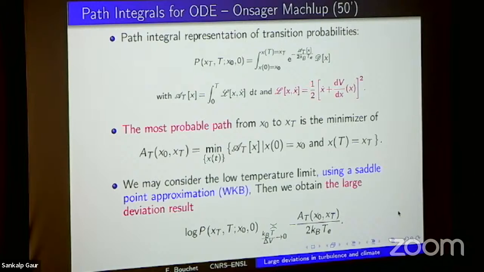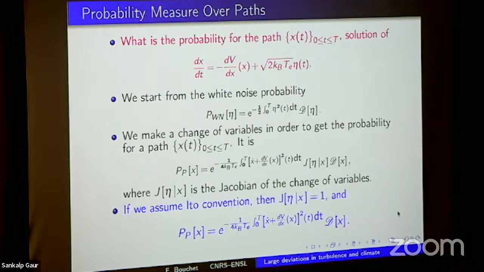We are writing the action for this stochastic process. And if we see where it comes from, everything comes from the noise statistics. If I had used another type of noise, it would have been different. So you should really figure out what the noise statistics is. And for other problems later on today, I will show you how we can compute such Hamiltonians and Lagrangians directly for microscopic dynamics in some cases.